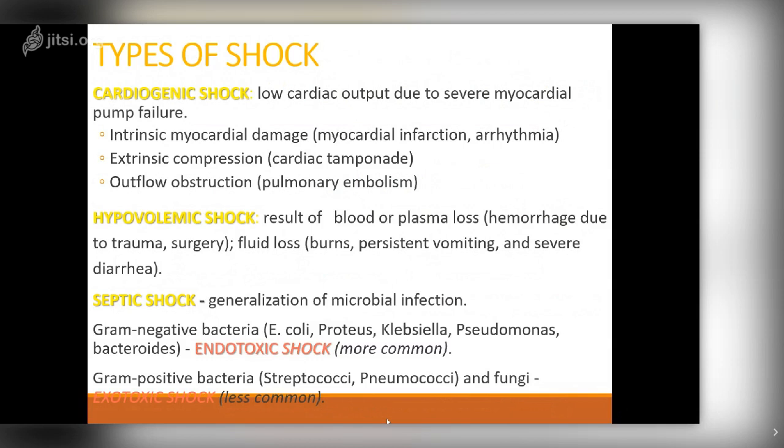In this case, you must restore the volume of circulating fluid. Next type of shock is septic shock that occurs in case of generalized microbial infection. Usually, gram-negative bacteria are responsible for septic shock because they may provoke endotoxic shock on their lysis. Gram-positive bacteria and fungi also may provoke septic shock due to presence of exotoxins.